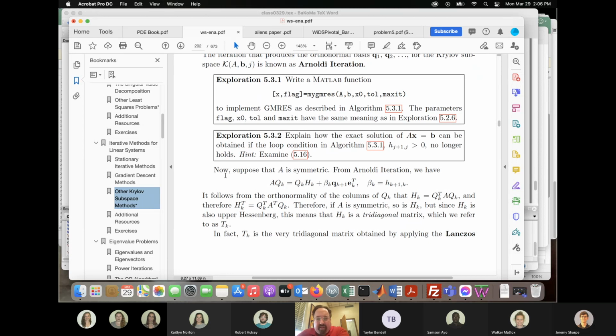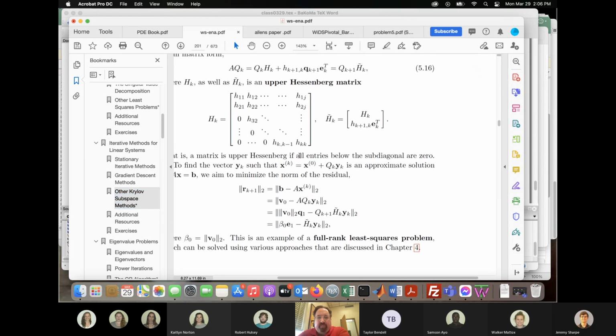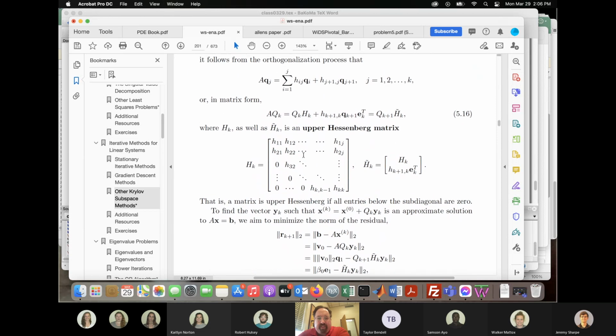Oh, wait. Which matrix are you referring to? Since the H tilde, the last column there is 0, right? Yeah, so we're just going to deal with just H_k. Isn't that a square matrix?